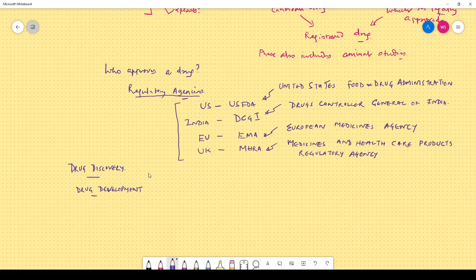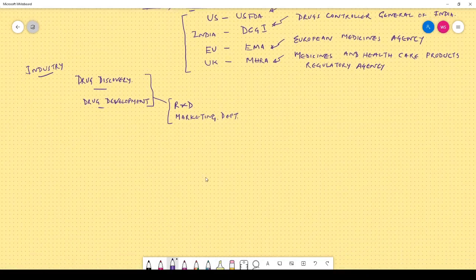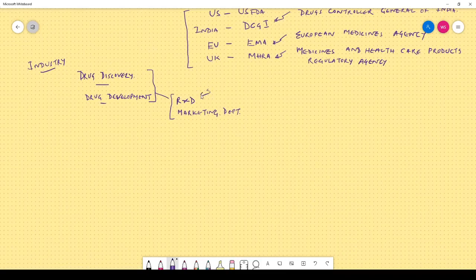In an industry, drug discovery and development is looked after by the research and development department and the marketing department. Okay, so they are primarily in the industry. Okay, the department that is responsible for drug discovery and development is the research and development. R&D is an acronym for research and development.